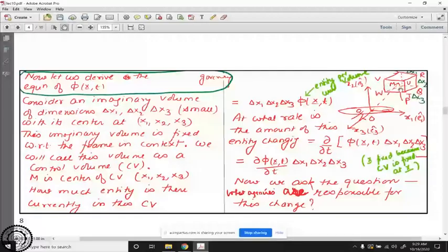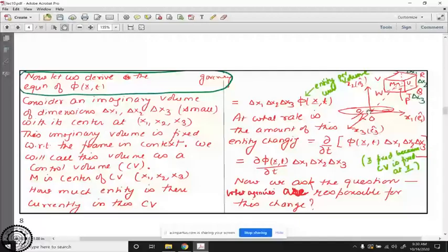Further, I am taking this imaginary volume to be fixed with respect to the frame in context. So for this observer, of course, fluid particles move, but this imaginary control volume does not move. It remains stationary with respect to this observer. It's like a wire frame that you have put in the flow, and fluid particles can enter through its various faces and leave from some other faces. The fluid flow is left undisturbed.